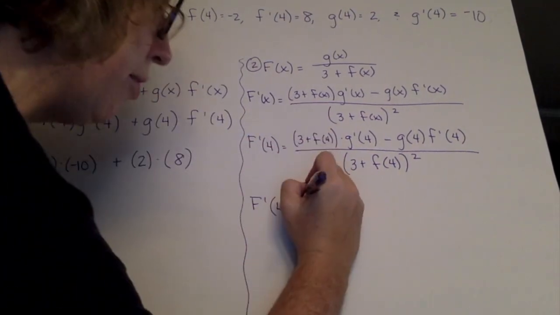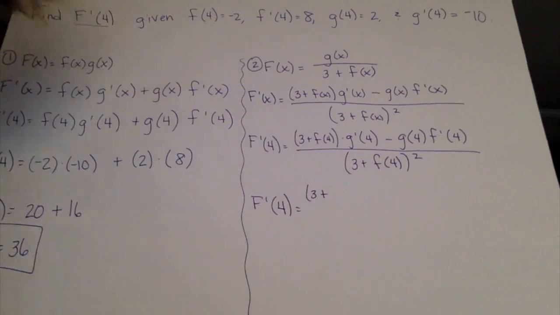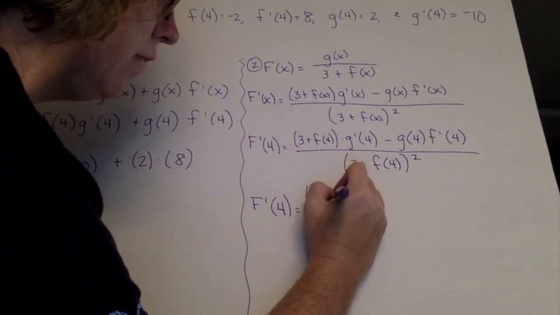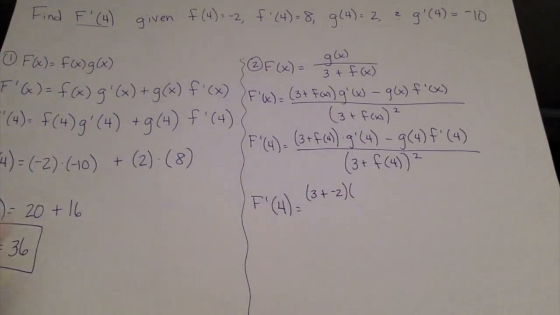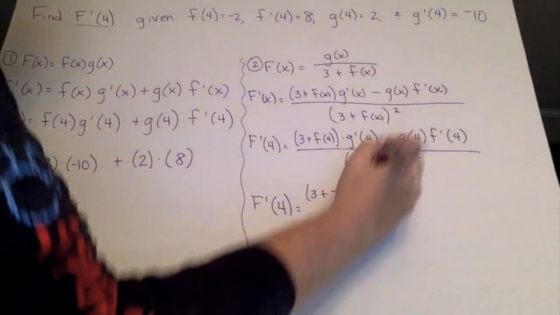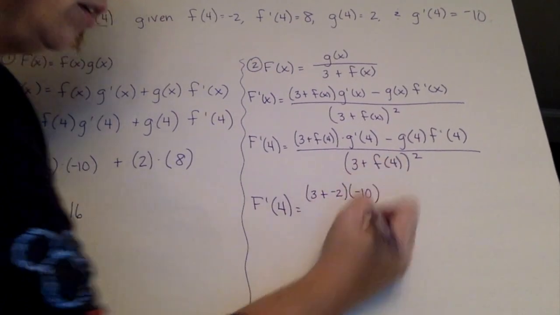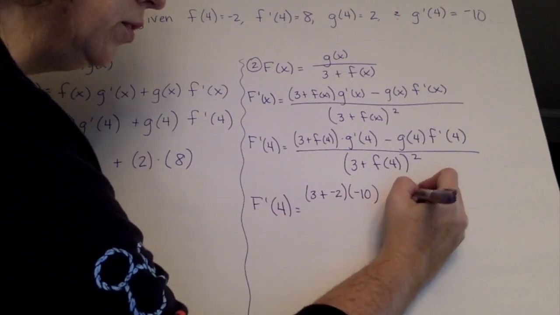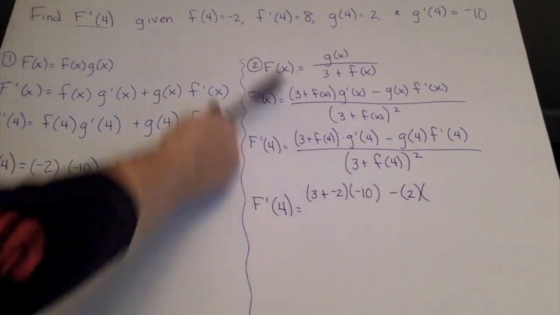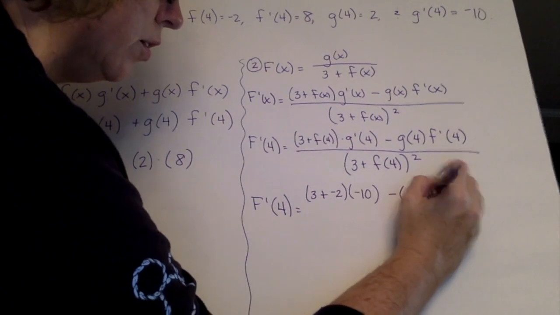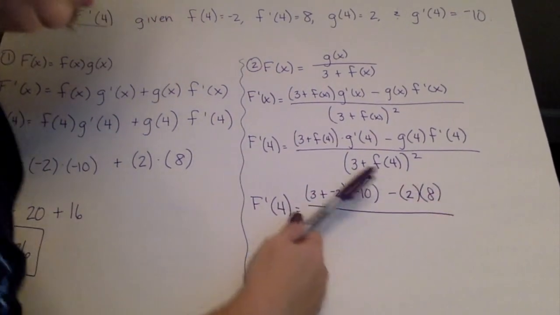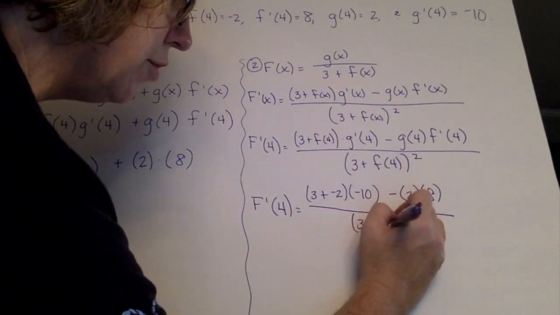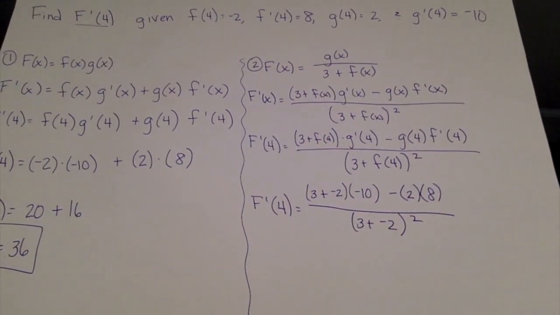We'll have on top 3 plus f of 4. F of 4 is negative 2. So 3 plus negative 2 times g prime of 4. G prime of 4 is negative 10, minus g of 4 is 2, times f prime of 4, which is 8, over 3 plus f of 4, so again, 3 plus negative 2 squared.